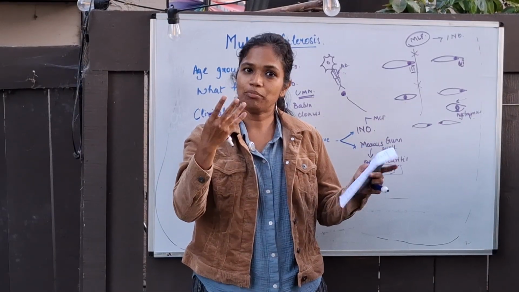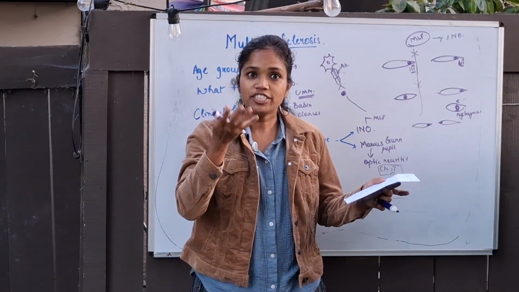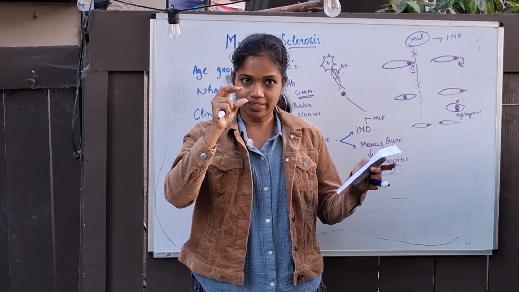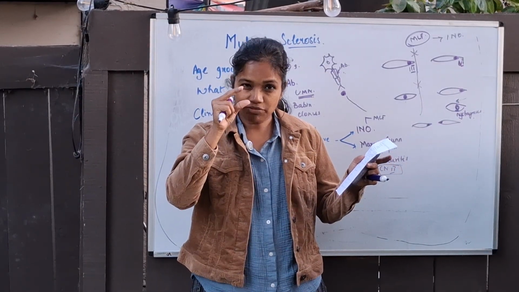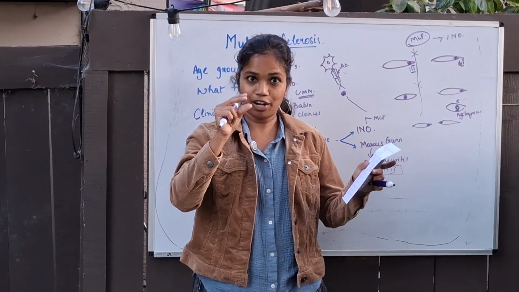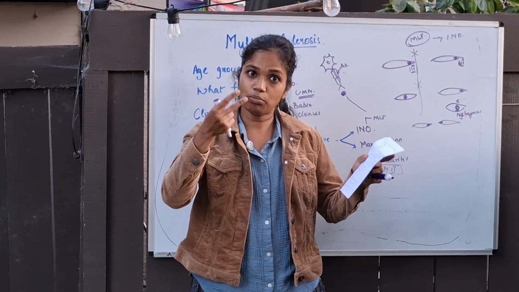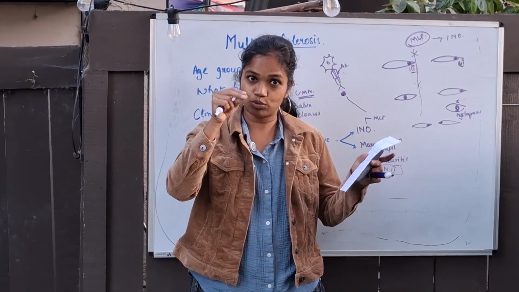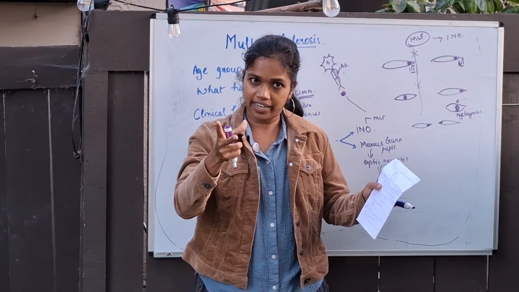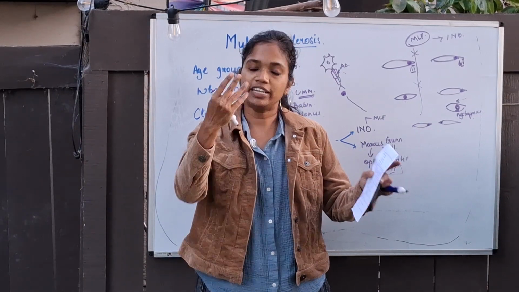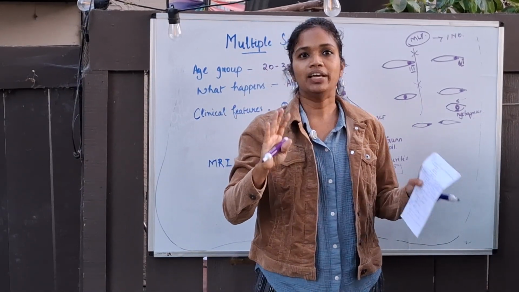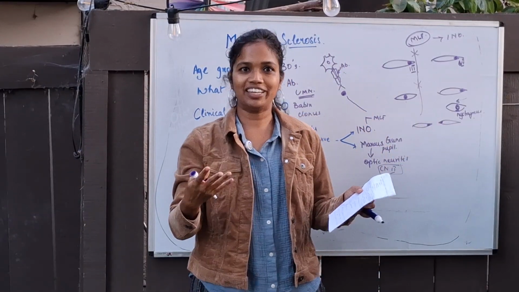Because it is not able to gauge the intensity of the light, instead of constricting the pupil, it looks as if the pupil is dilating because it has already been constricted. So it looks as if the pupil is dilating because the intensity of the light is not being gauged properly by the second cranial nerve. I hope I am able to convey the detail to you.